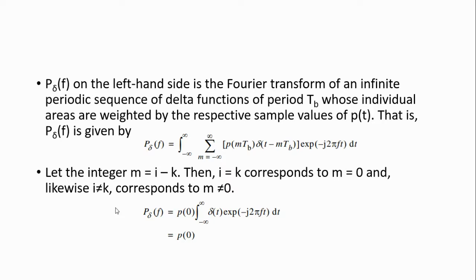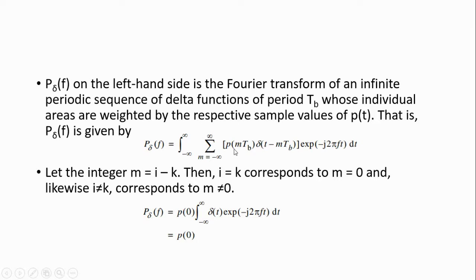Let the integer m equal i minus k. If i equals k, then m equals 0. If i is not equal to k, then m is not equal to 0.